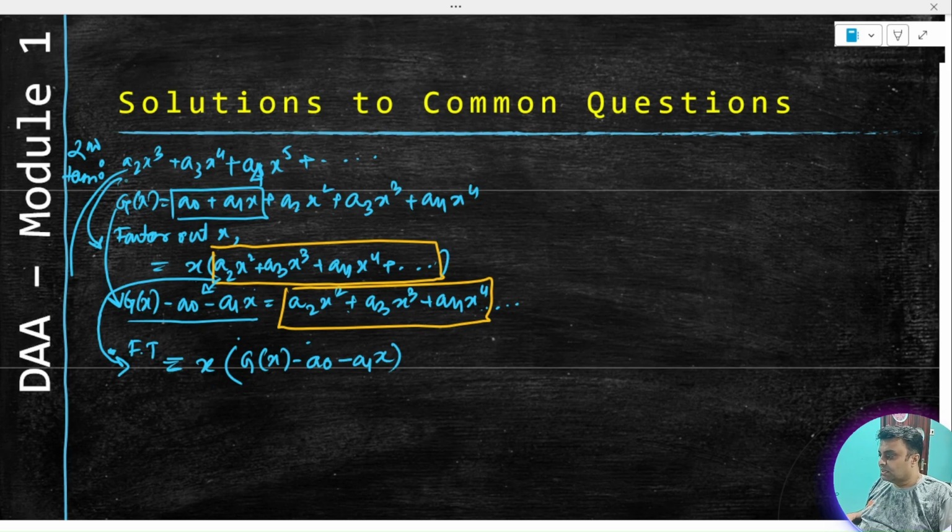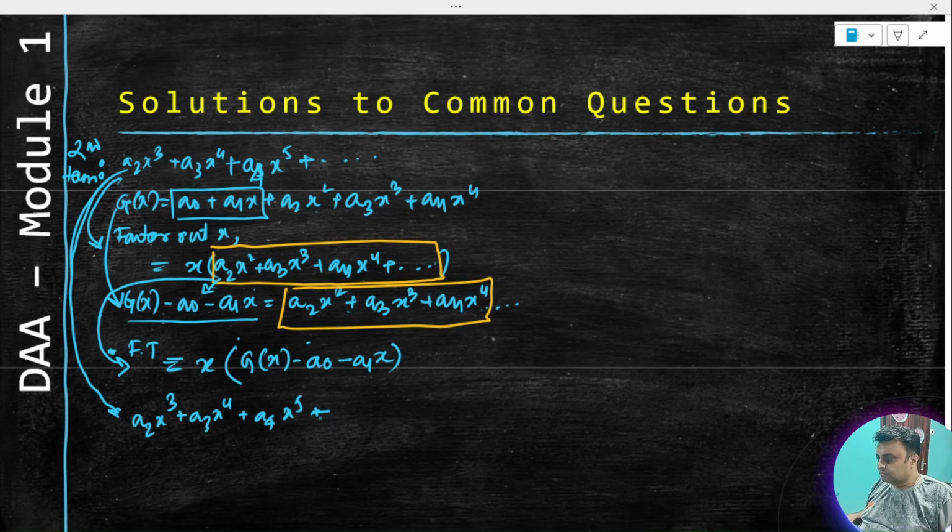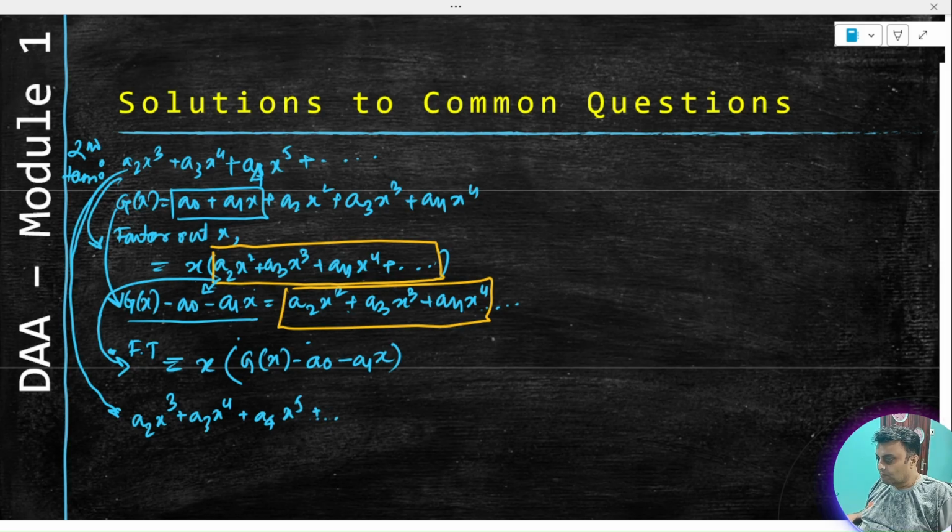That means that this entire thing, now we can say this entire thing, that's the step I was jumping, a2x cube plus a3x^4 plus a4x^5 plus dot dot dot, is actually equal to x multiplied by g(x) minus a0 minus a1x, right? So that's my first term.